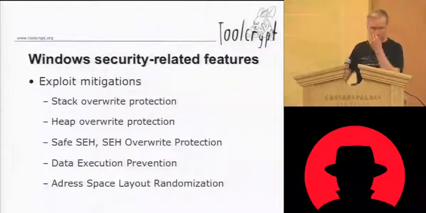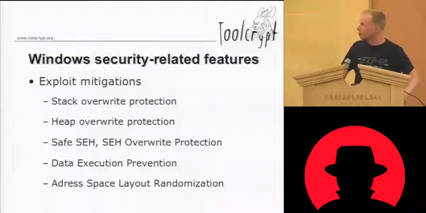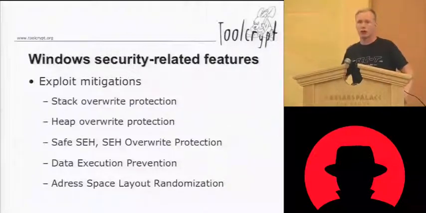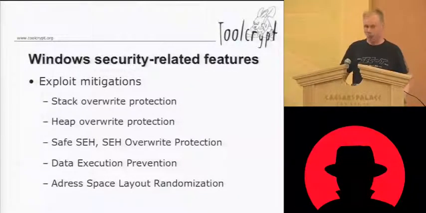Let's get to exploit mitigations. Since the Trustworthy Computing memo of Bill Gates back in 2002, I think it was, Microsoft worked very hard at both improving the security of their code, but also improving the resilience to exploitation.